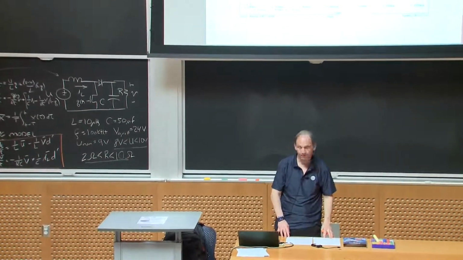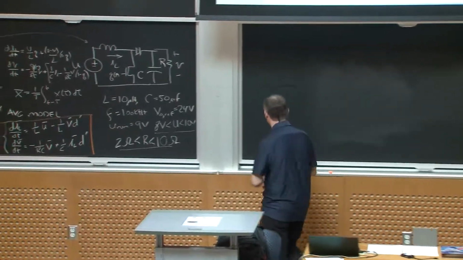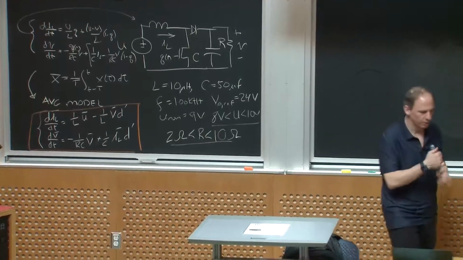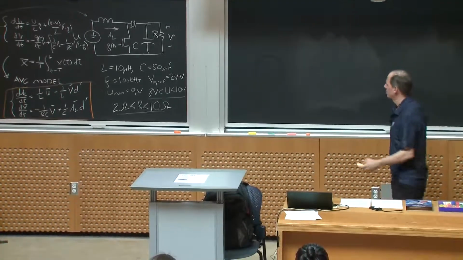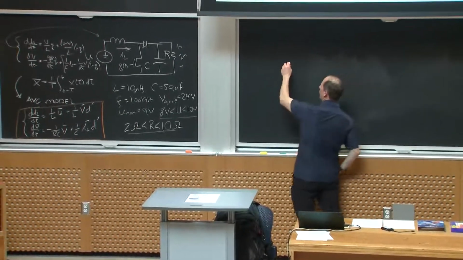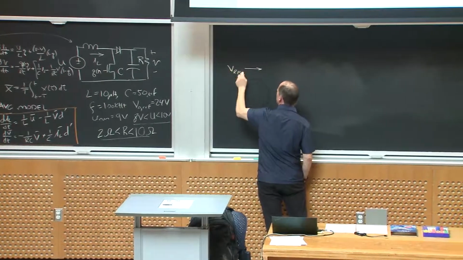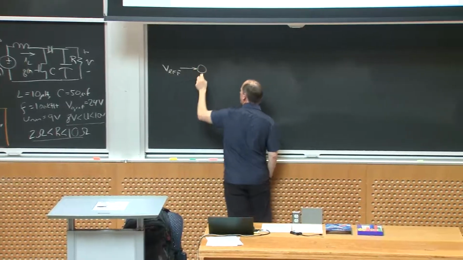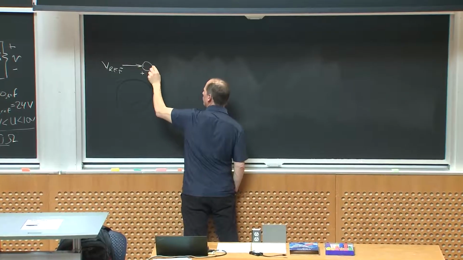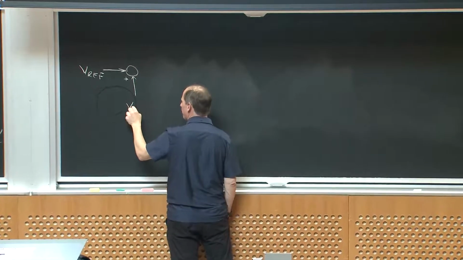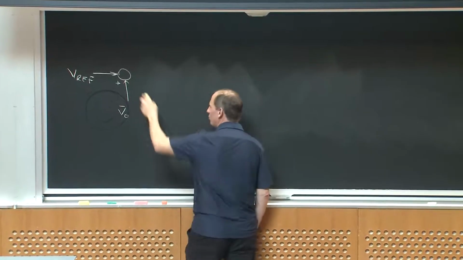That helps me, right? If I thought about my original goal for building a control system, it was along the following lines. Maybe I have some reference voltage, Vref, and what I could think about from a control modeling point of view is comparing that to the output voltage, and here I'll think about the local average output voltage.